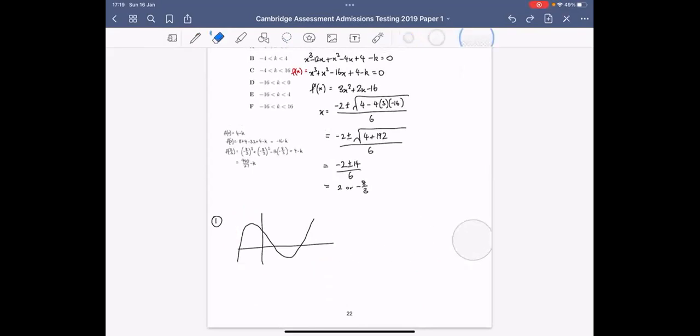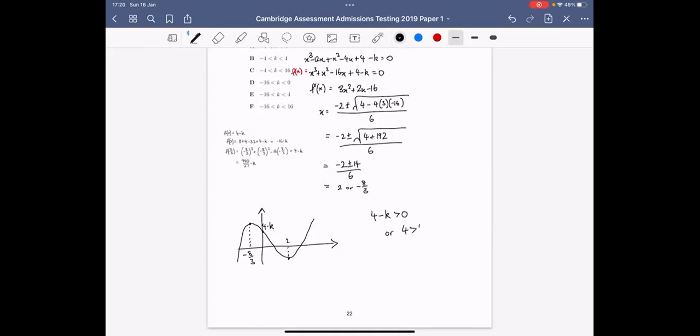Let me erase that. So here is minus 8 over 3. Here should be 2, and here is 4 minus k. And since 4 minus k is above the x-axis, that means 4 minus k is greater than 0.